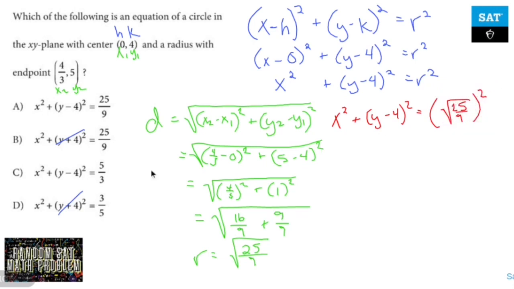The square root and the squared cancel each other out. So last but not least, my final answer is going to be x squared plus (y minus 4) squared equals 25/9, because the squared and the square root cancel each other out. There you go. Woo!